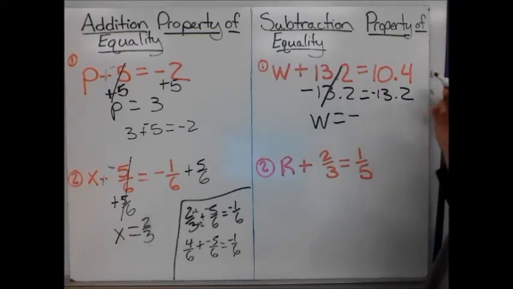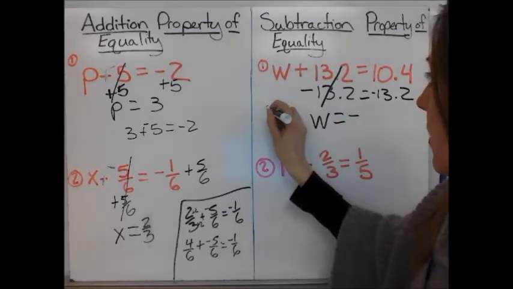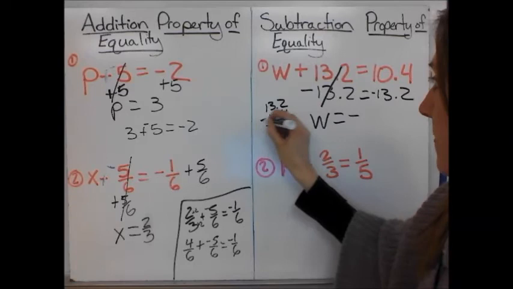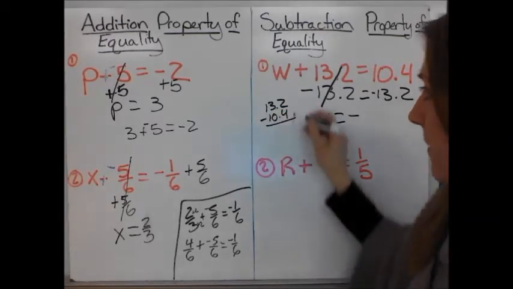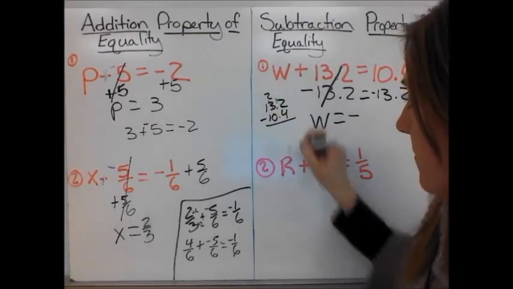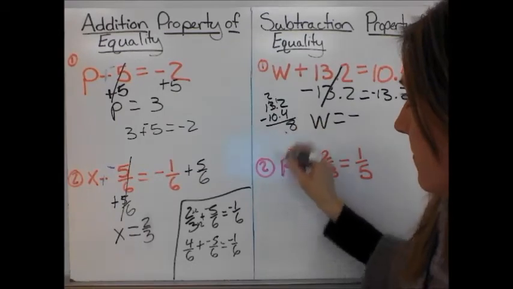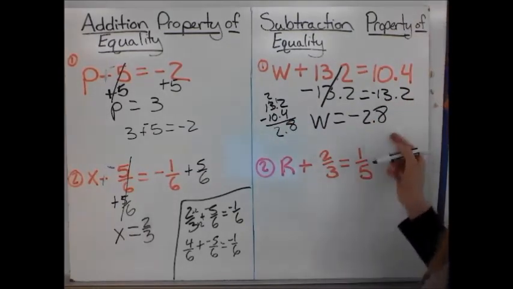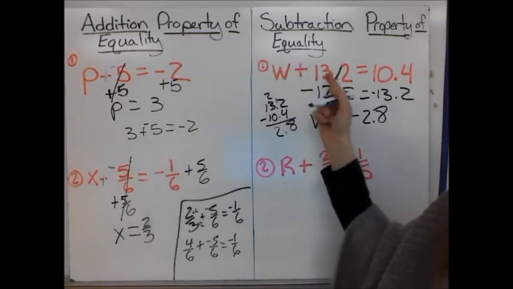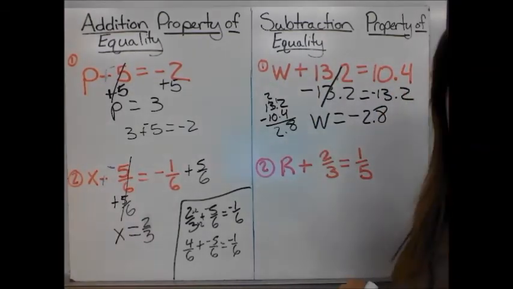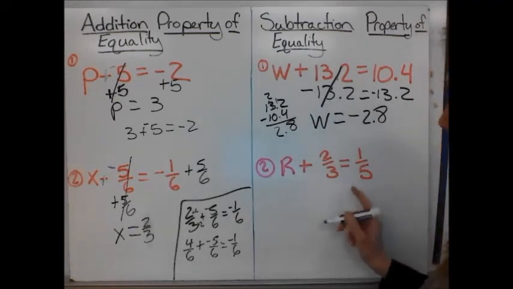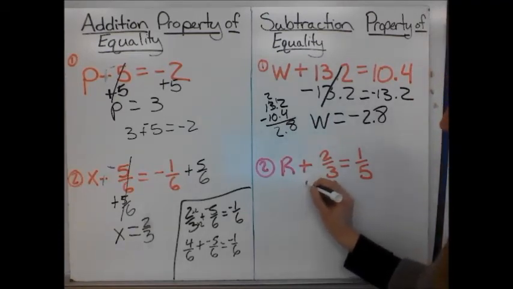So I'm going to take 13.2 and take 10.4 away from it and see what I come out with. It's going to give me -2.8. Go back and plug it in, and when I do, I will see that I'm going to end up with 10.4 as my answer.